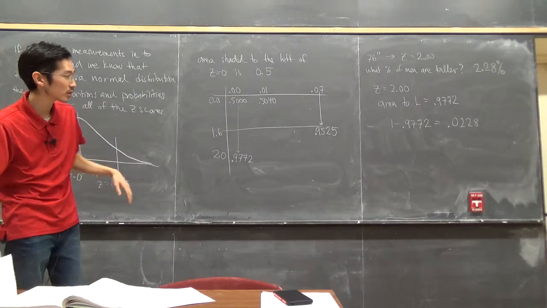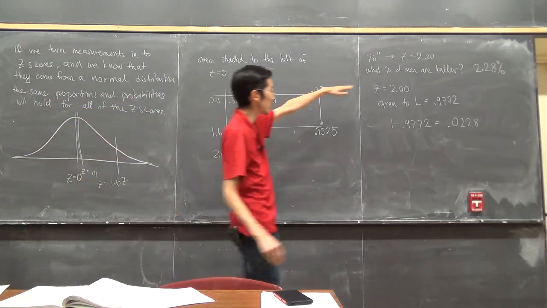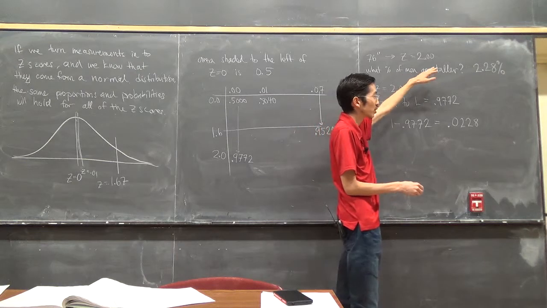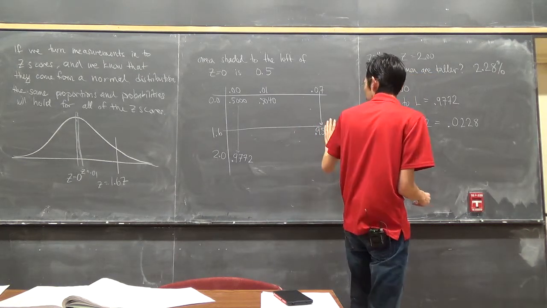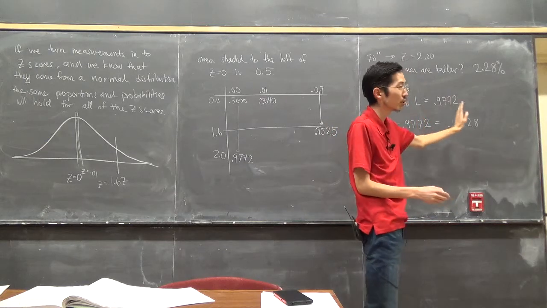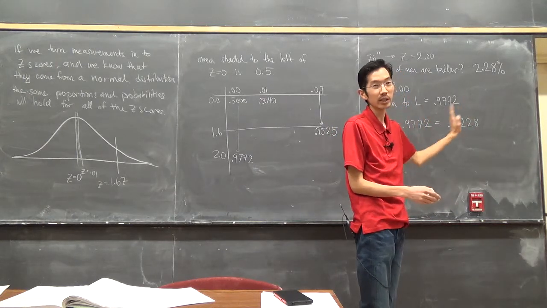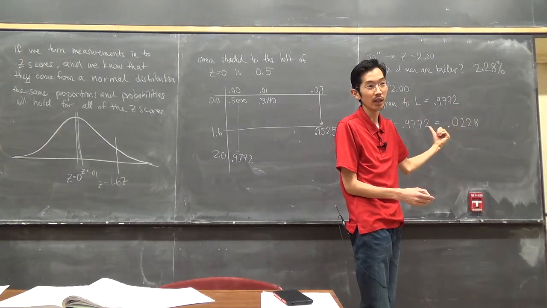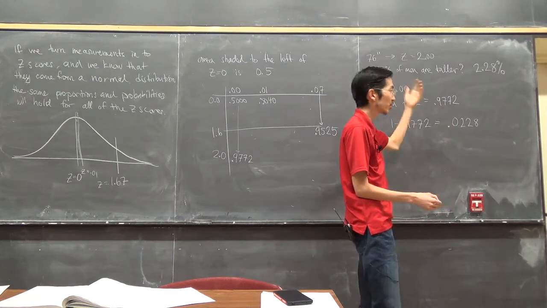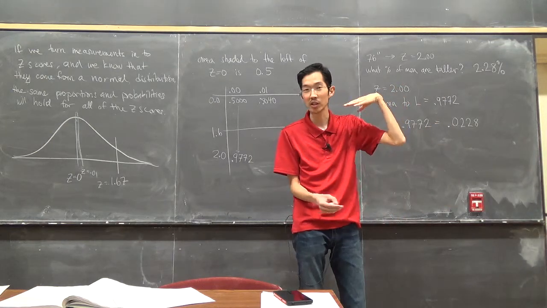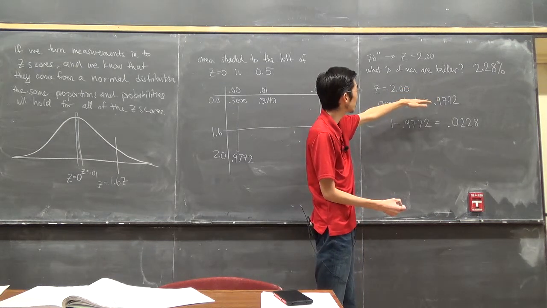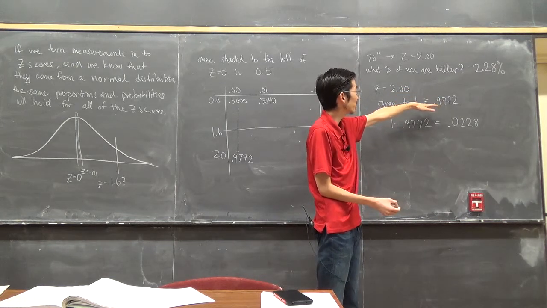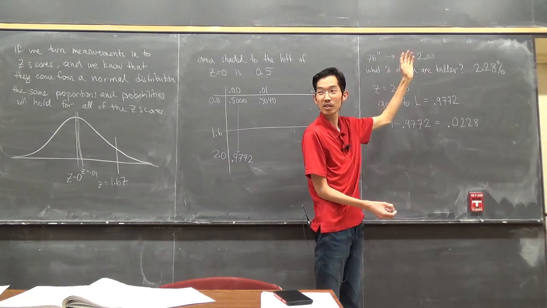But the key here is it asks what percentage of men are taller. So when we say taller, we mean that height or more. So we are going for the area to the right and not the area to the left. Okay, and this also serves as a common sense check: does it seem like 97% of men are taller than 76 inches?